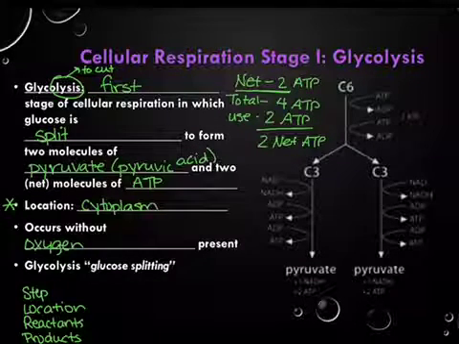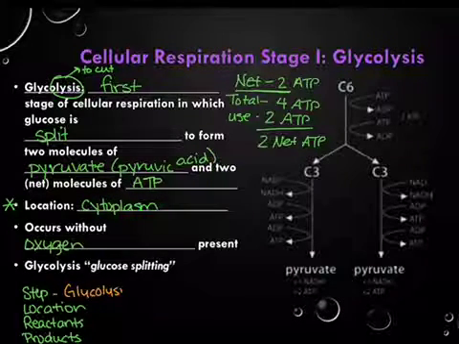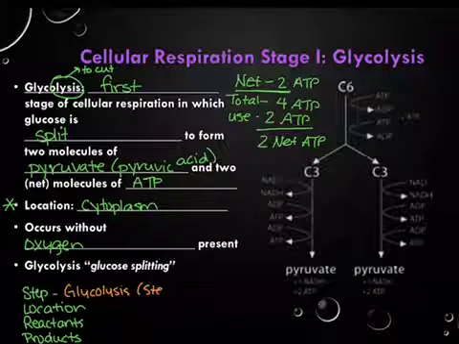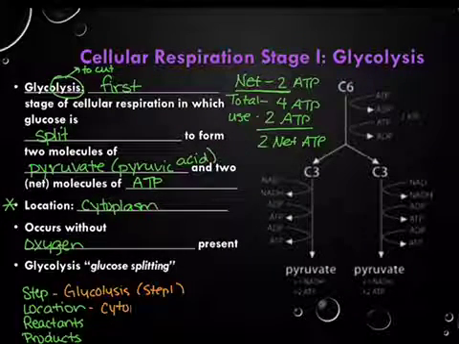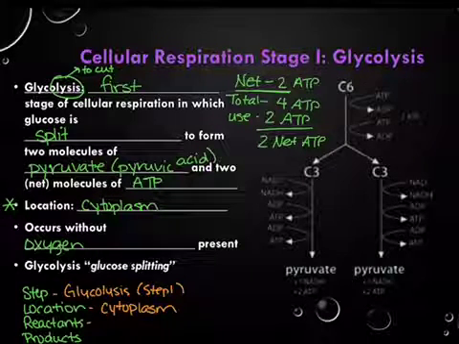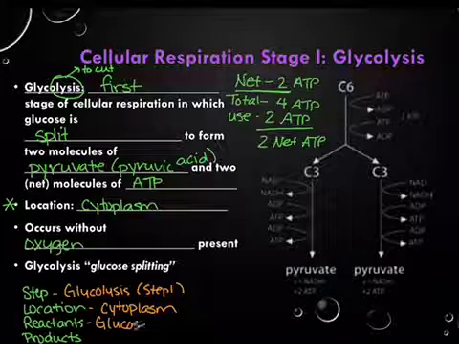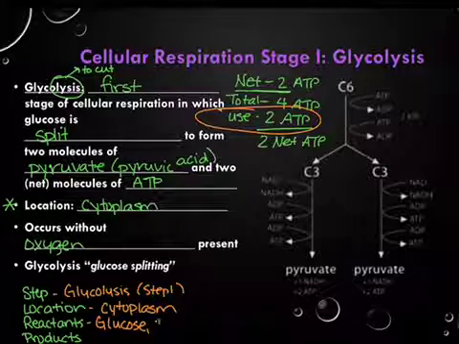So this step is glycolysis. We could call it step 1. Location is the cytoplasm. Reactants, we take glucose and 2 ATP because we use 2 ATP.